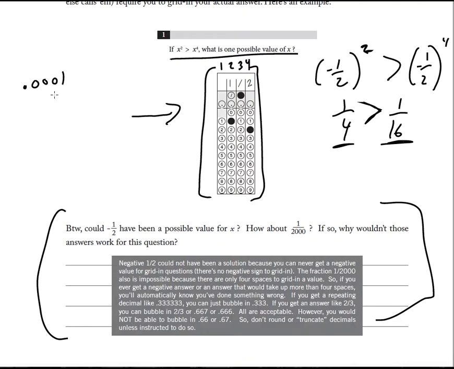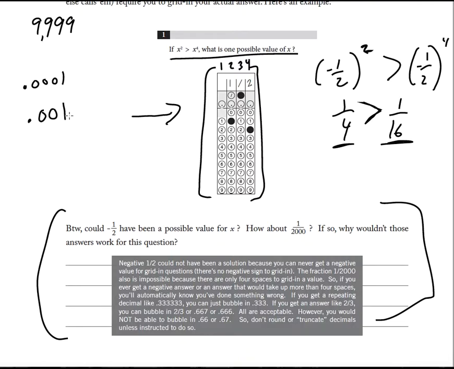The very largest 4-digit number that could be bubbled in would be 9999, and the very smallest digit, obviously 0 could be an answer, but if you want to use a decimal, the very smallest decimal would be 0.001. That would be the smallest, okay? So it's important just that students know there's no negative answers for grid-in problems.